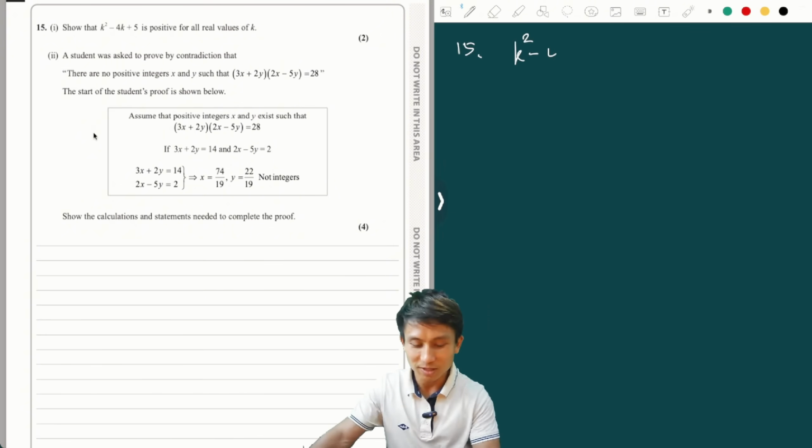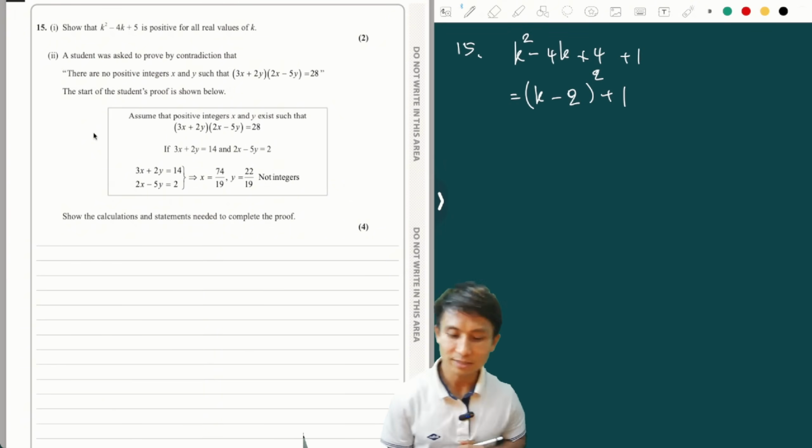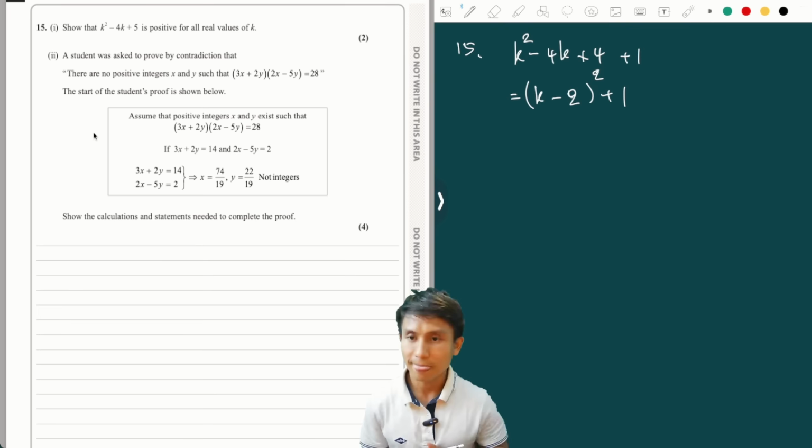So k squared minus 4k plus 4 plus 1, yeah, equals (k minus 2) squared plus 1. Right? So that is a complete square form.